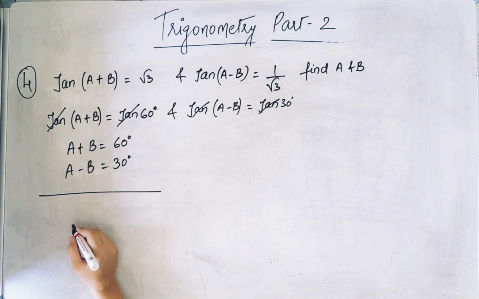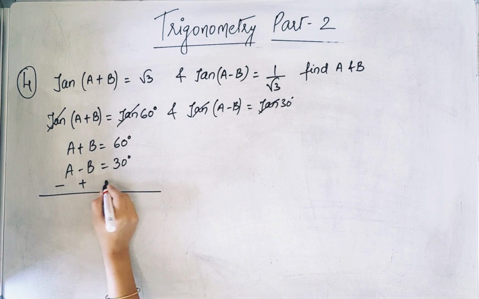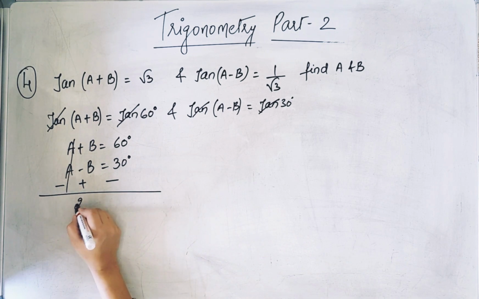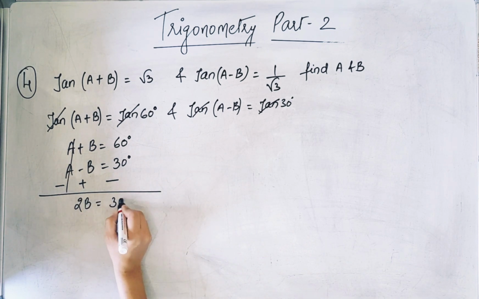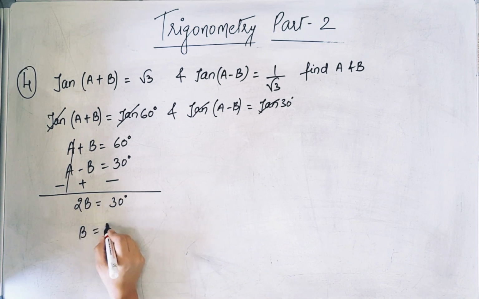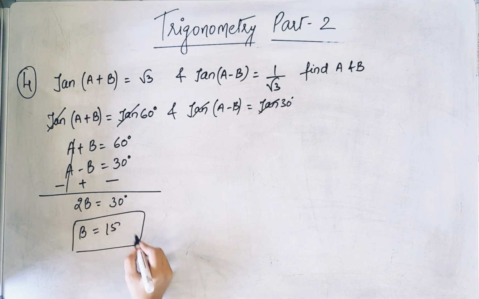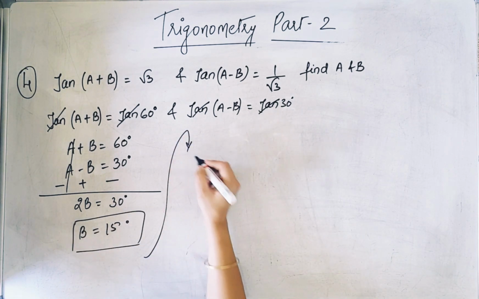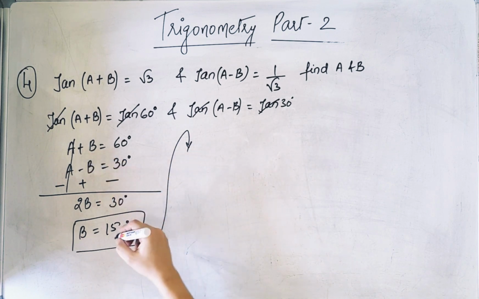We'll solve this linear equation. Minus plus minus, this will be cancelled. 2b equals 30 degree, so b is 15 degree. In a similar way we'll find the value of a.